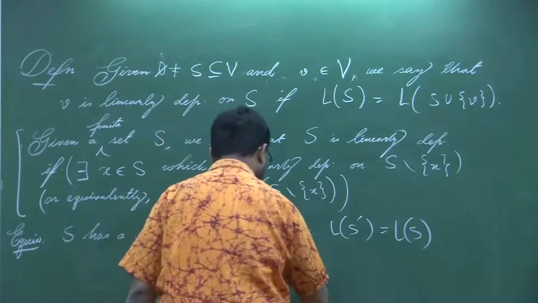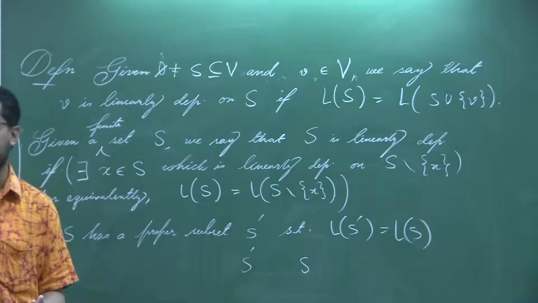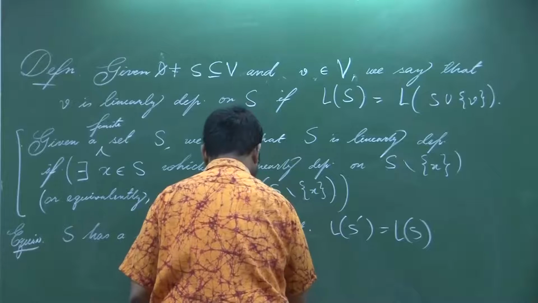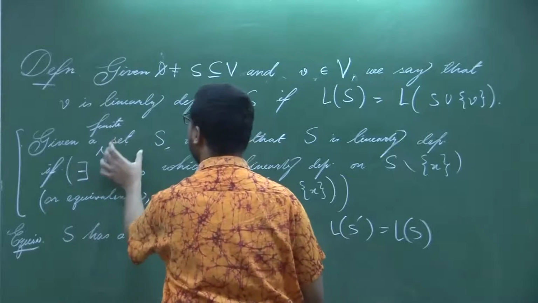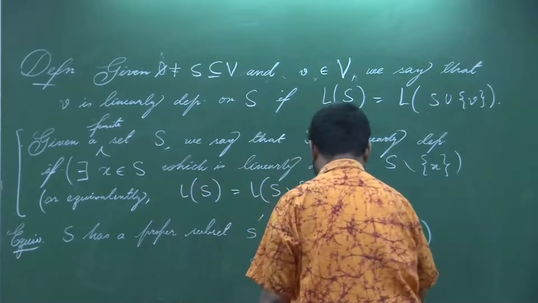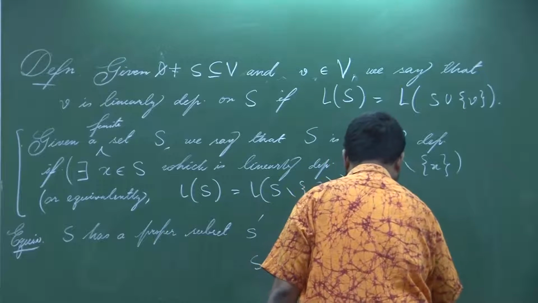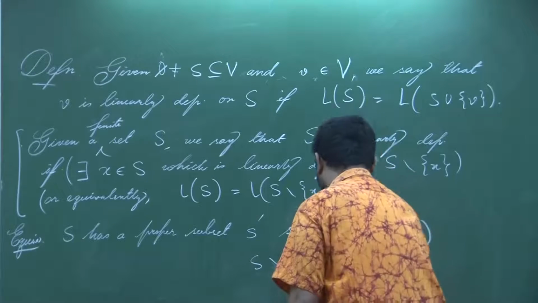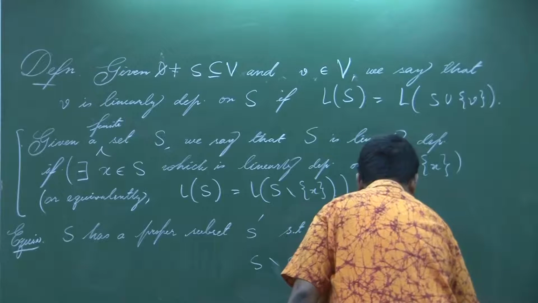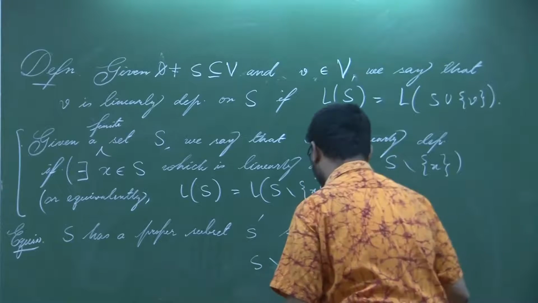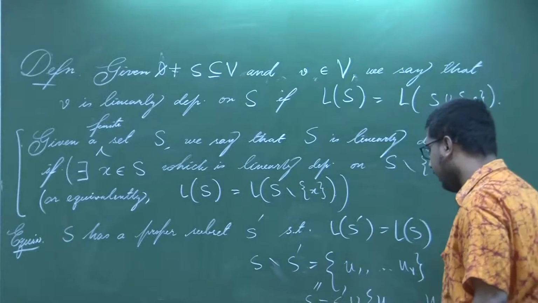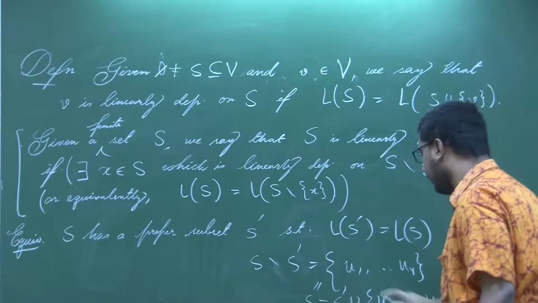If S prime is a proper subset of S, then S prime will mean some elements of S, okay. So we enlarge it. Suppose S minus S prime, since we have started with a finite set, has some elements U1, U2, up to UR. So you just add U2 up to UR to S prime and make it S double prime, okay. So S double prime has all the elements of S except U1.